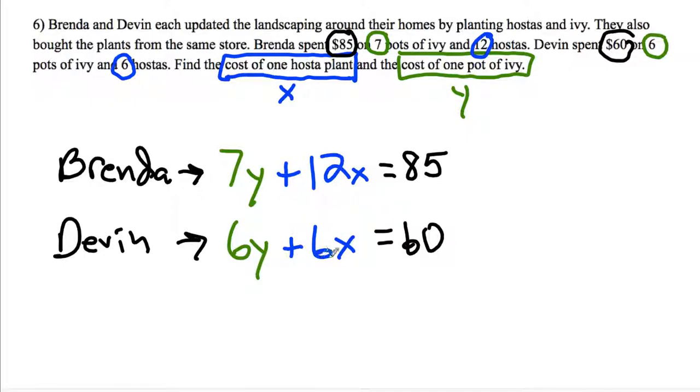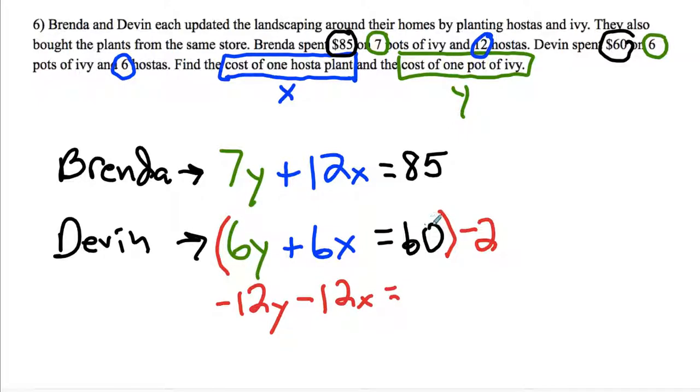If I multiply the second equation by -2, I'll cancel the x terms. So I'm going to multiply all these terms by -2. This is going to be -12y, minus 12x, and that equals -120.